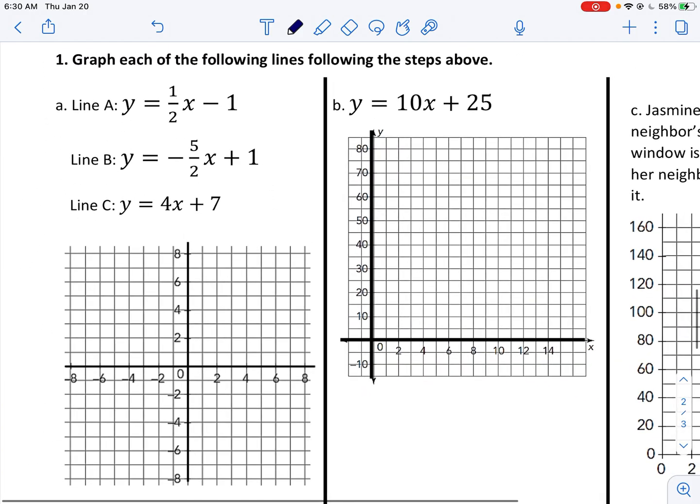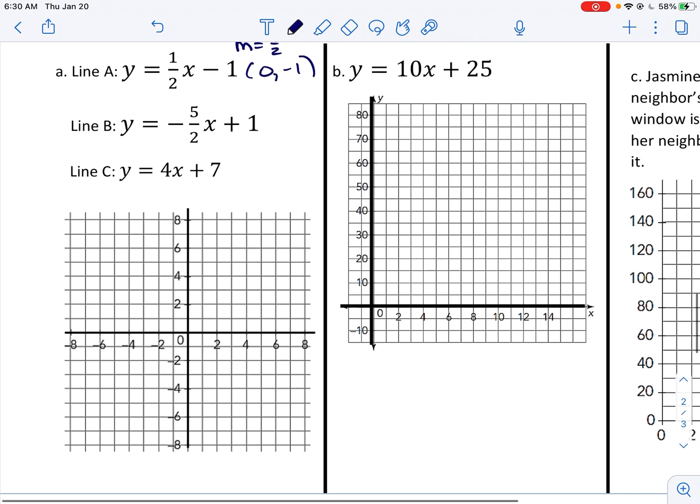Okay, we're going to do the same thing. So on this first one, slope is 1/2. Y-intercept is 0, -1. So I go to 0, -1, plot a point. My slope is positive. I'm going to be going in this direction. So up 1 over 2, up 1 over 2, up 1 over 2.